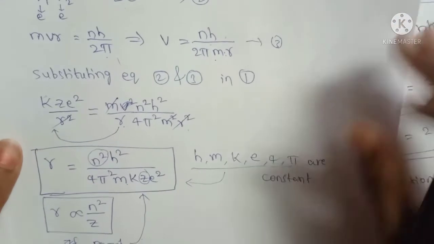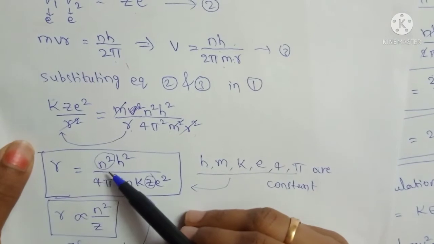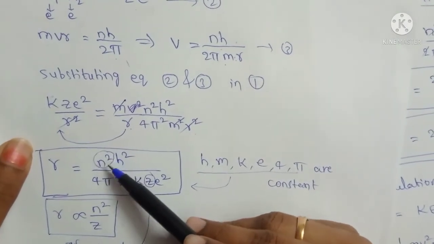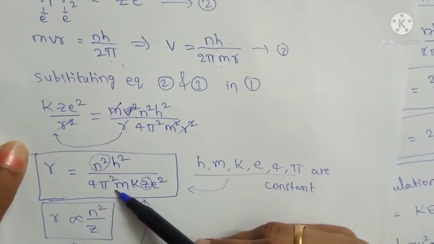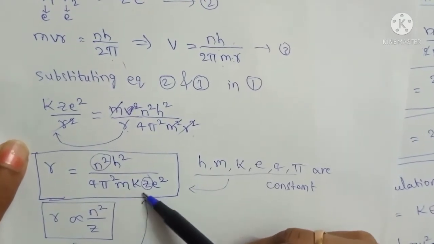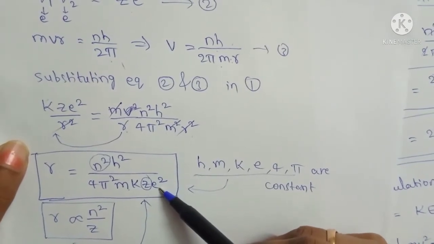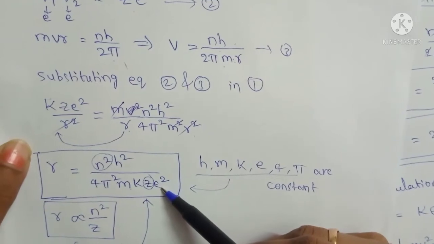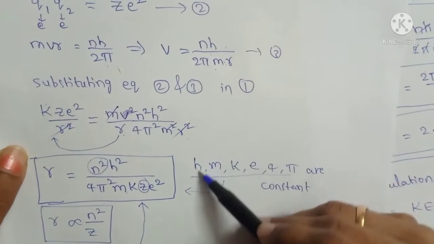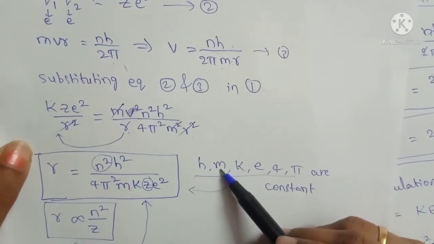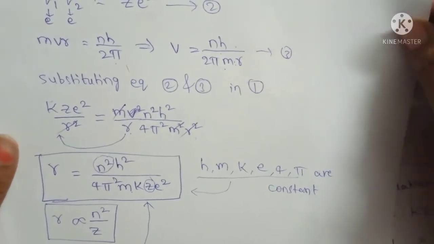Here n is the number of the orbit, h is Planck's constant, m is the electron mass, k is a constant, Z is the atomic number, and E is the charge of the electron and proton. All these values are constants. By substituting all these values we will get the final equation.